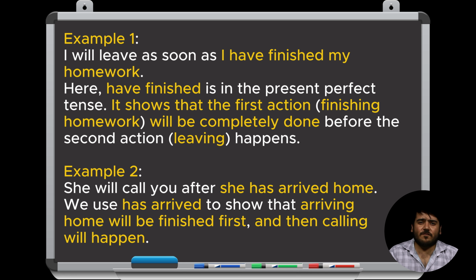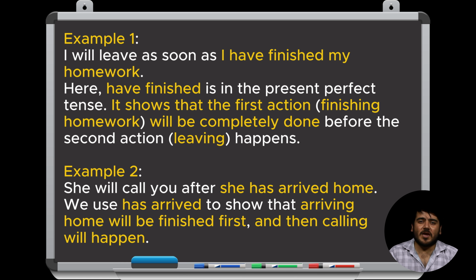Examples: I'll leave as soon as I have finished my homework. Here, have finished is in the present perfect tense. It shows that the first action, finishing homework, will be completely done before the second action happens.